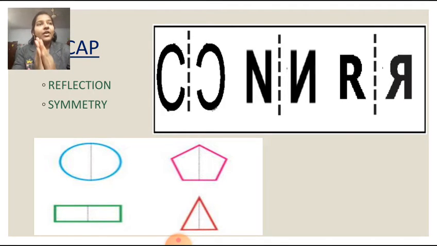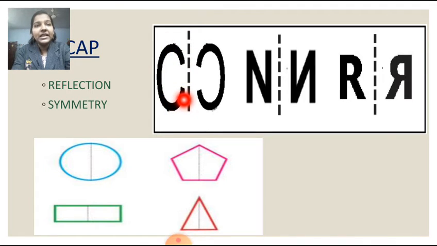Yes, when an object is placed in front of a mirror, we can see an image, isn't it? That image is the reflection of that object. When we place an object in front of a mirror, we can see the image in the mirror also. That is the reflection. Okay, so look at these pictures here.